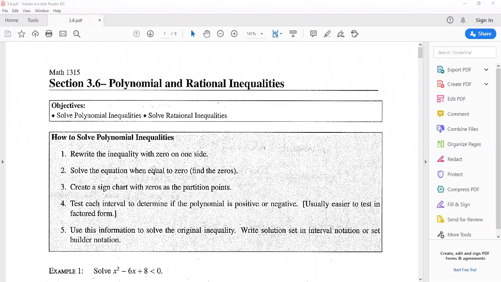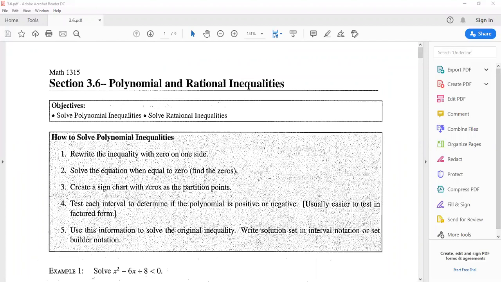Once we set our polynomial equal to 0 and solve, that is, find the roots or the zeros of the polynomial in question, we'll create a little chart where we break up the number line according to the zeros of that polynomial. Then we get a whole bunch of little subintervals that break up the number line completely.